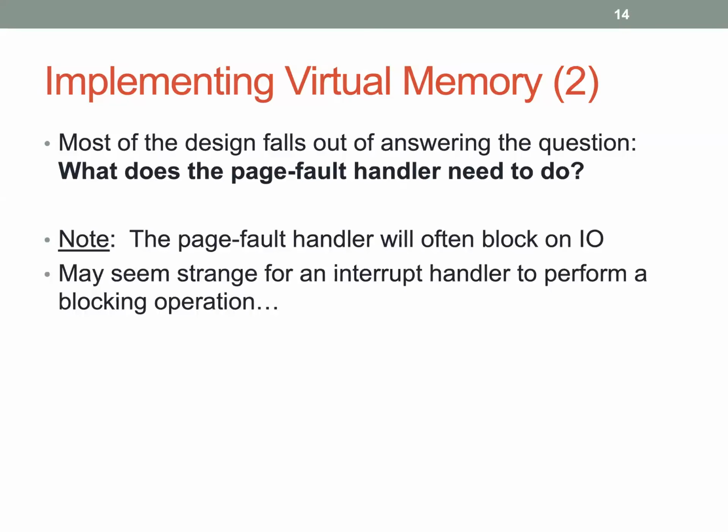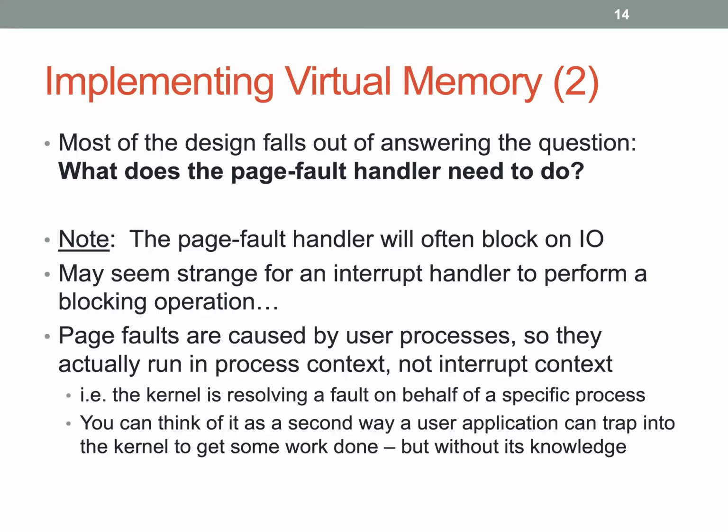Okay, let's see. Page fault handler will often block on I/O. And this is another thing worth mentioning, because you might look at this and say, wait a minute, I'm in an interrupt handler and I'm blocking on I/O. So what context is this interrupt handler running in? The important detail here is that the page fault was caused by a user process, not intentionally, but inadvertently.